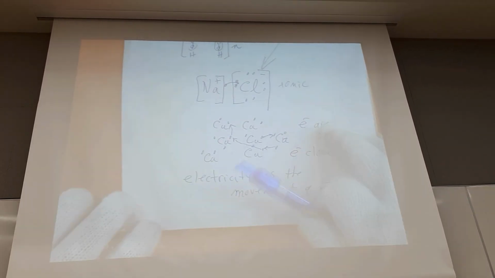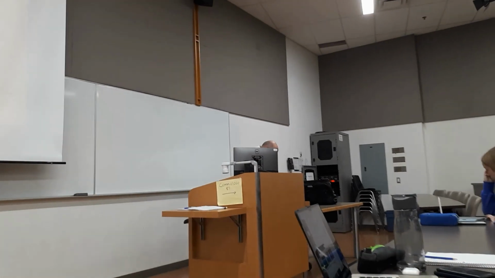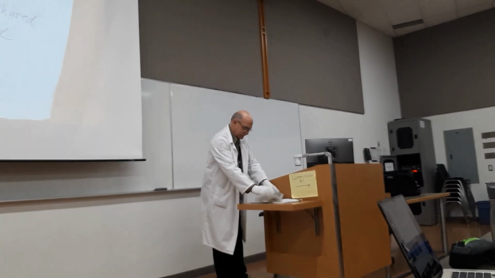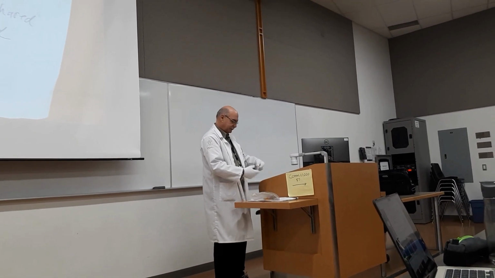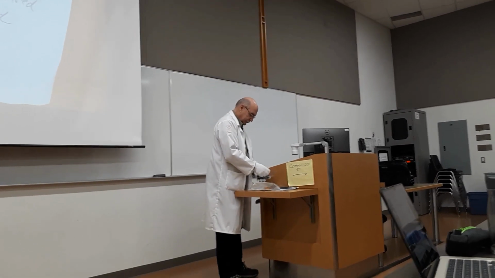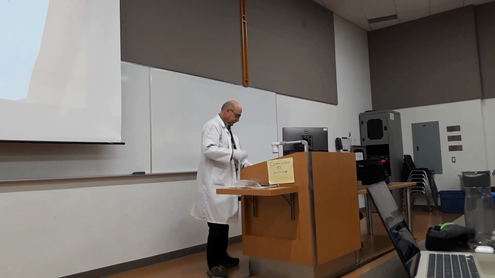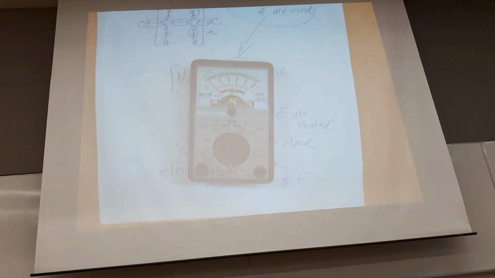Let's do a demonstration to prove this. I have here a multimeter. I've got a lot of paraphernalia here. I could have bought a digital one, but I like the analog one here with the needle that deflects.